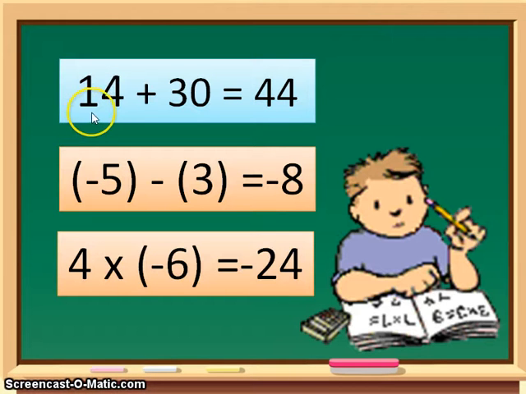If 14 and 30 are integers, then their sum will also be an integer. If negative 5 and 3 are integers, their difference is an integer. Then if 4 and negative 6 are integers, then the product will be an integer.